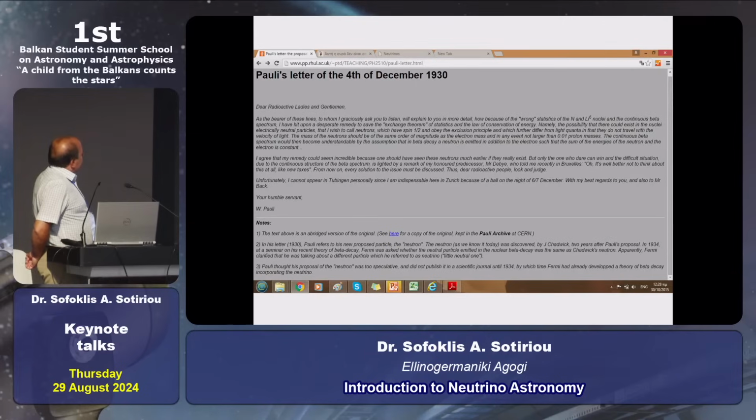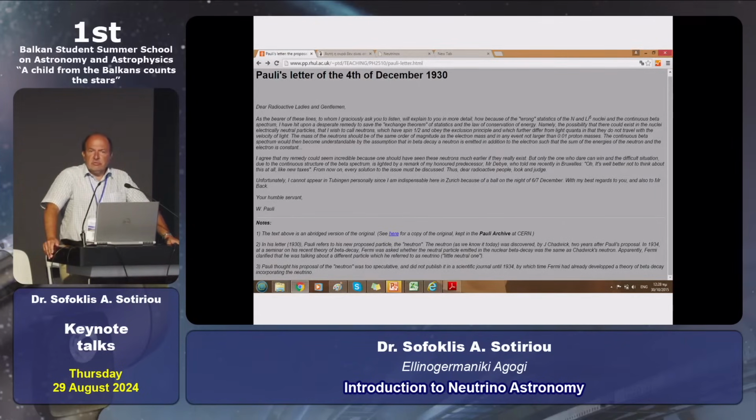It's a letter that Pauli is sending to his colleagues because he will not be able to attend a major conference, but he's sharing with them his initial ideas about the specific characteristics and the data that they are getting for the beta decay.